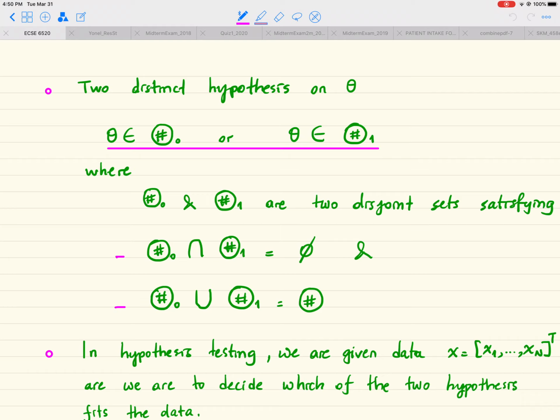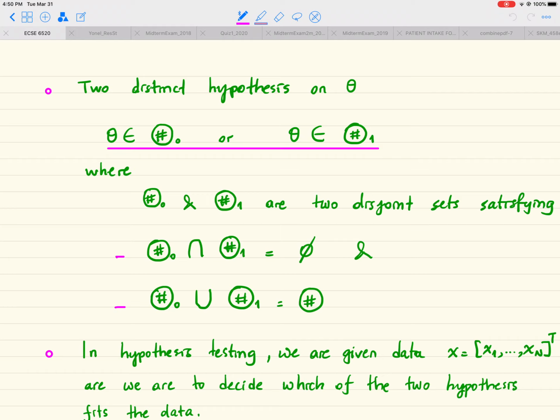In the alternative hypothesis, theta belongs to another set, Theta sub 1. Okay, now these two sets are disjoint, so their intersection is the empty set, and the union of these two sets forms the entire parameter space. And our task is to decide whether theta belongs to Theta sub 0 or Theta sub 1. Okay, and we will do that based on the observations we have in hand.